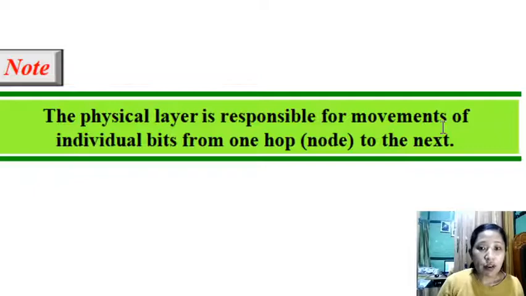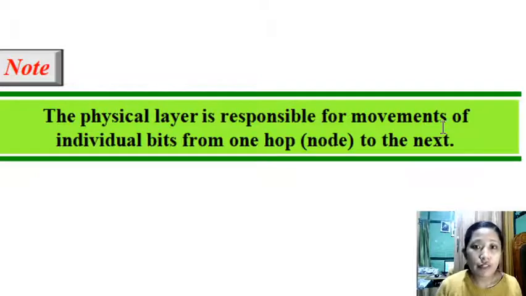The main objective of the physical layer is to make sure that whatever it is generating, the network is capable of carrying it. It is related to specifying the mechanical and electrical specification of the message. That means the main objective is to convert the message into the form of signals, as per what type of transmission media is connected. If the transmission media is twisted pair cable, then the signal has to be an electrical signal.